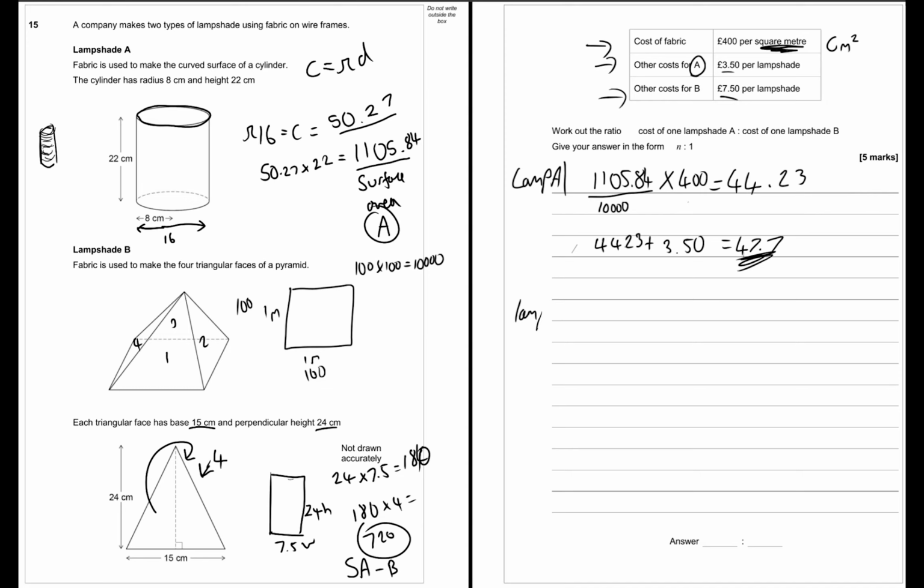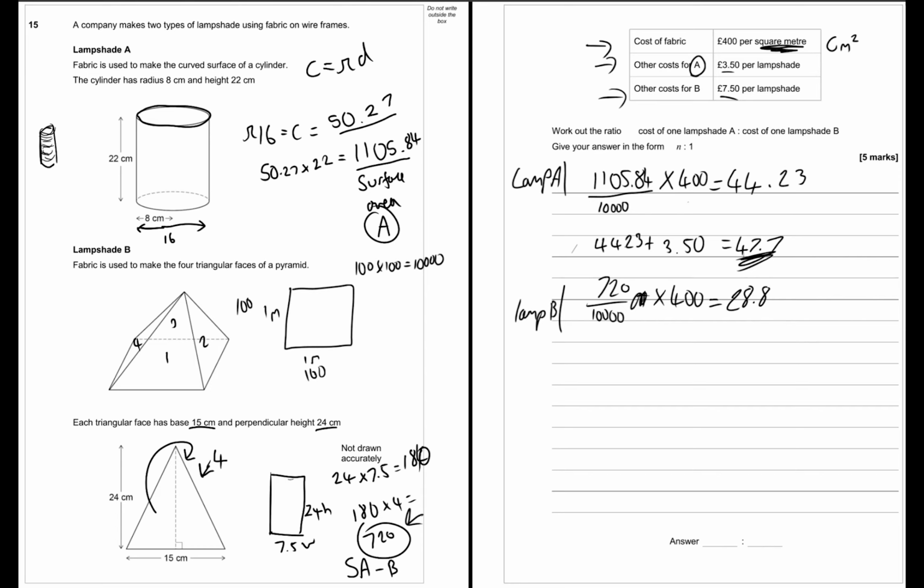So now we're going to do the same for lamp B. So we're going to take our total amount of fabric, which was down here, so that was 720 over 10,000 plus the other cost. Whoops, no, we've got times by 400 first to get the cost of the fabric. So 720 divided by 10,000 times by 400 gives you 28.8.